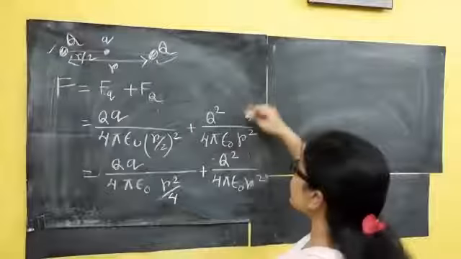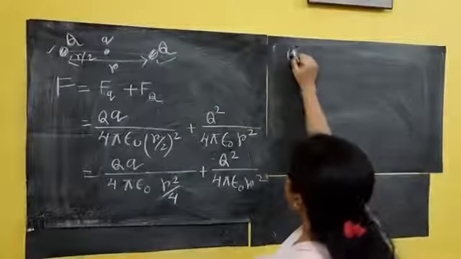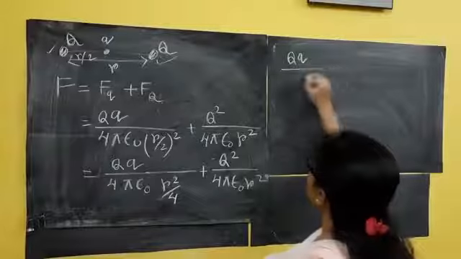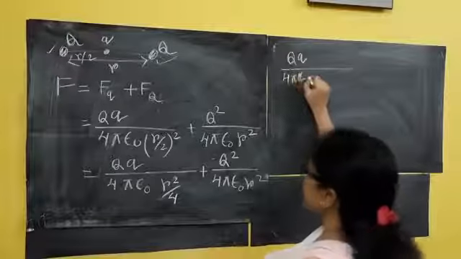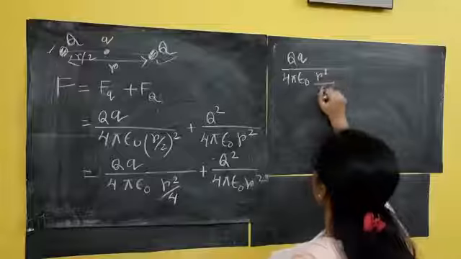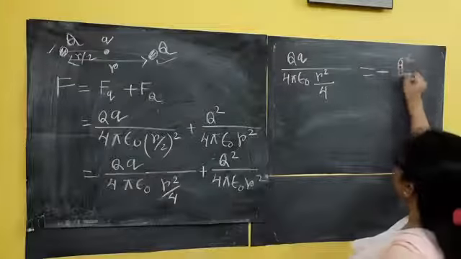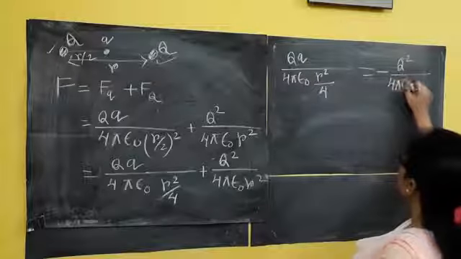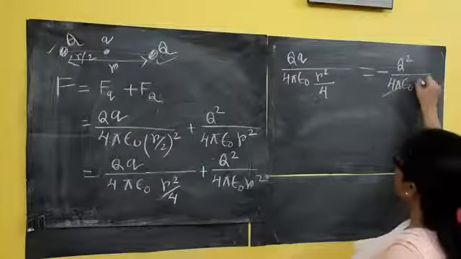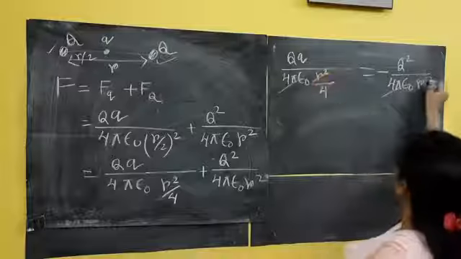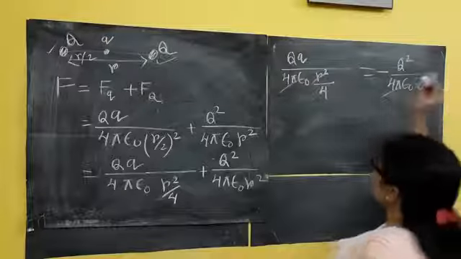So if I am putting it 0, I will get QQ by 4 pi epsilon 0 r square by 4, that is equal to minus Q square by 4 pi epsilon 0 r square. So everything will be cancelled out from both sides, Q also cancels out.